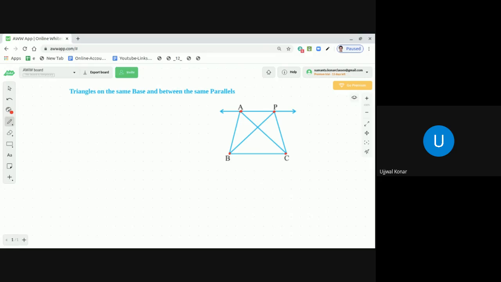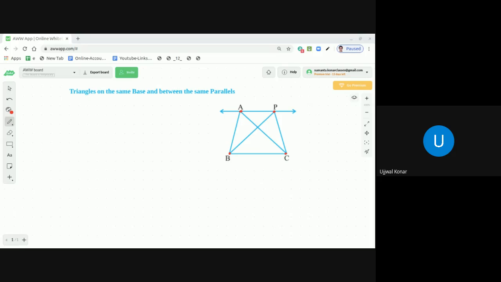Hence, we can say that these two triangles ABC and PBC are on the same base BC and between the same parallels AP and BC. Correct, dear students? Now, what are we going to discuss? We are going to discuss what we can say about the areas of these two triangles ABC and PBC.